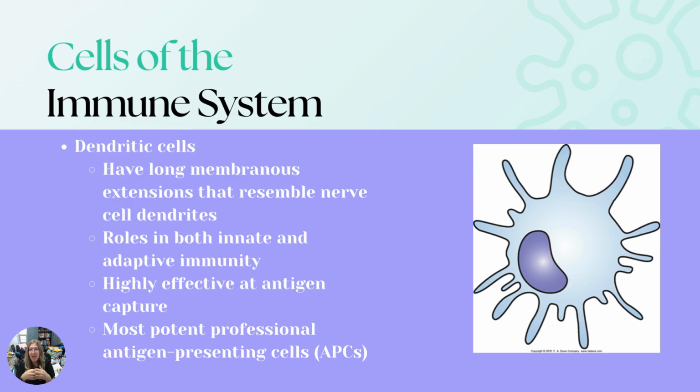When you hear APC, I want you to think this cell is taking information about an antigen and is communicating it to the lymphocyte. So, our dendritic cells are especially important for initiating adaptive immune responses.